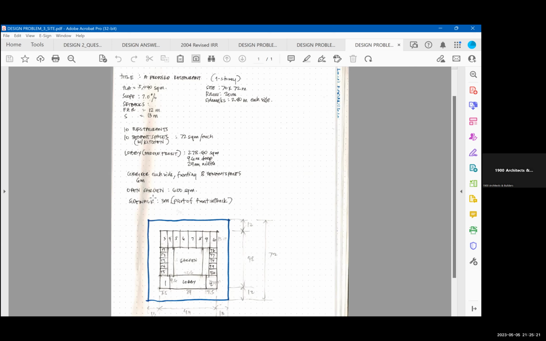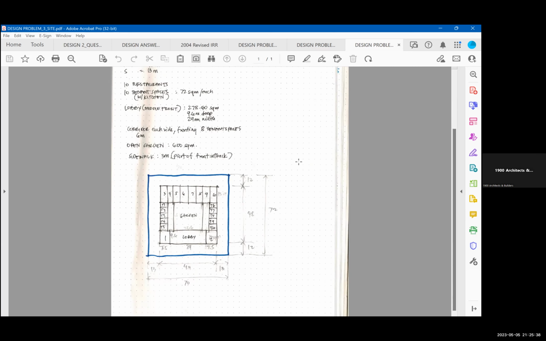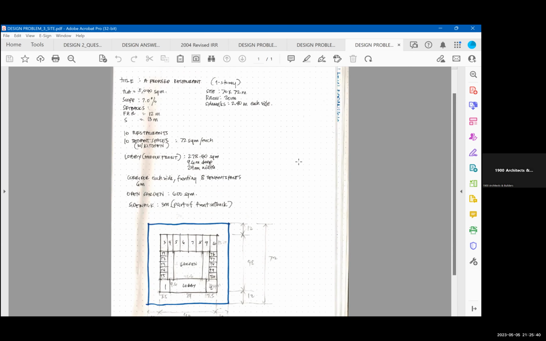And they are in the middle. Middle front lang yung lobby. So, yung open garden daw ay may 650 square meters. Tapos, may binanggit din siya na may sidewalk doon sa front, na inclusive doon sa front setback.